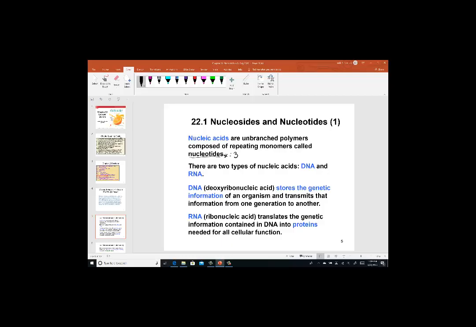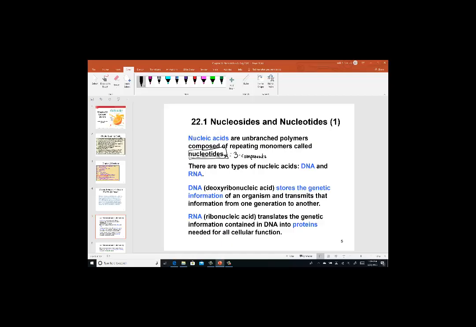These nucleotides have 3 components, and we're going to look at those components in detail in just a moment. So to have one monomer, this is the single monomer called a nucleotide. Repeating patterns of those over and over and over again give us our nucleic acids. We have 2 major types of nucleic acids based on the sugar present in this monomer.